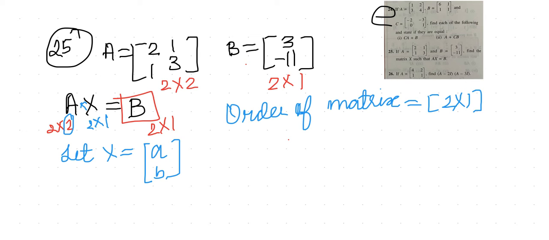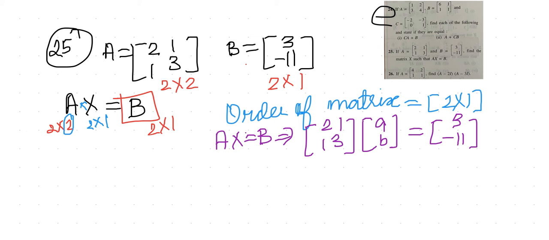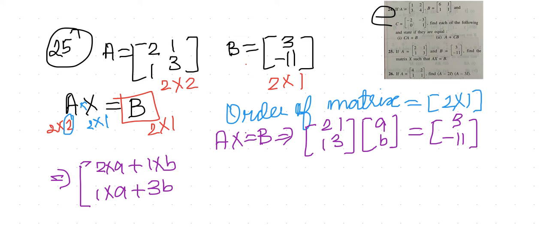So now you will write A into X is equal to B. This implies A has been given as [2 1; 1 3], and into X, which you have taken as [a; b], is equal to [3; -11]. Upon calculation, this gives 2a plus 1 into b, and here you will get 1 into a plus 3 into b, is equal to [3; -11].